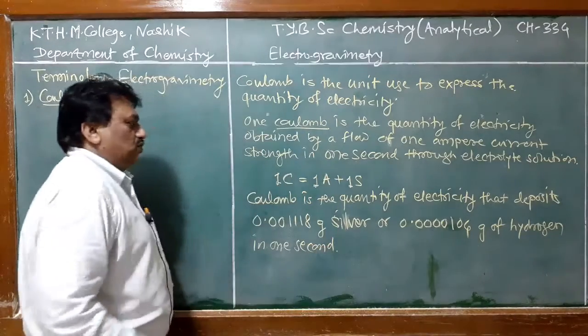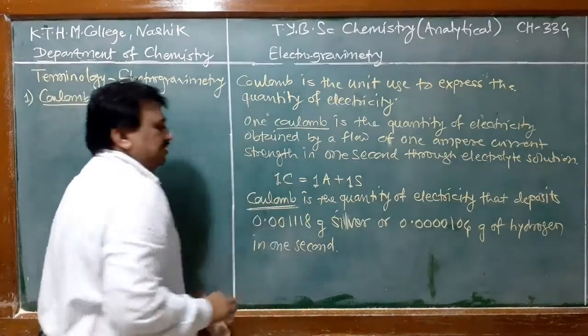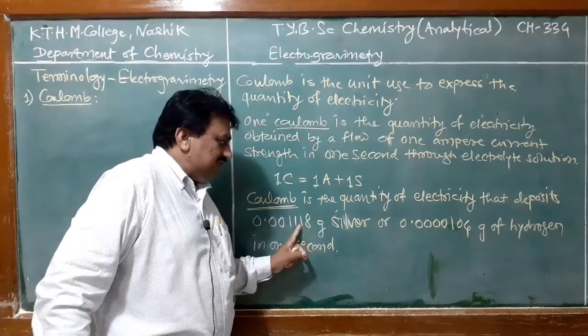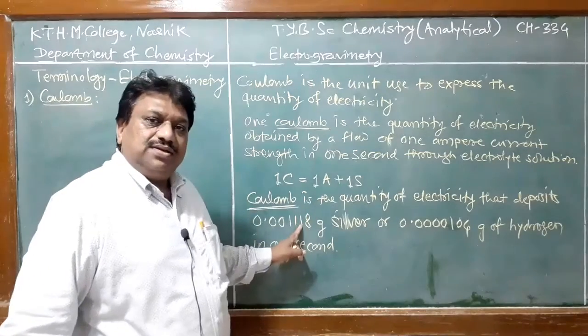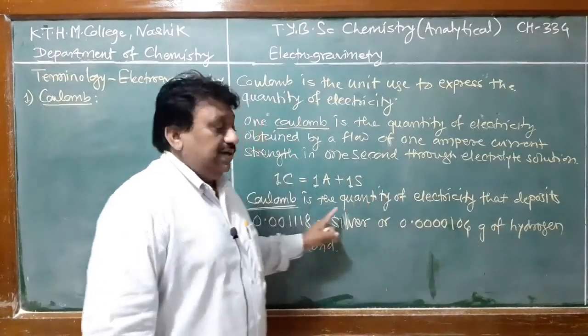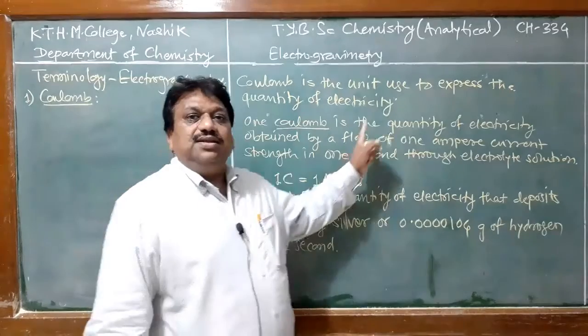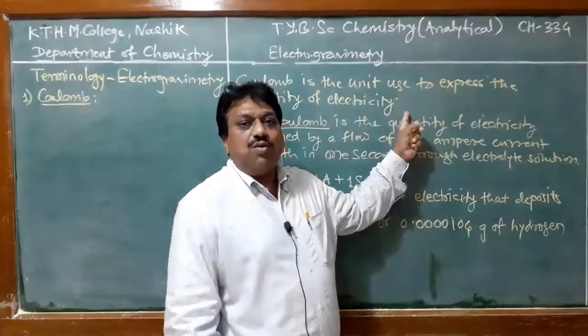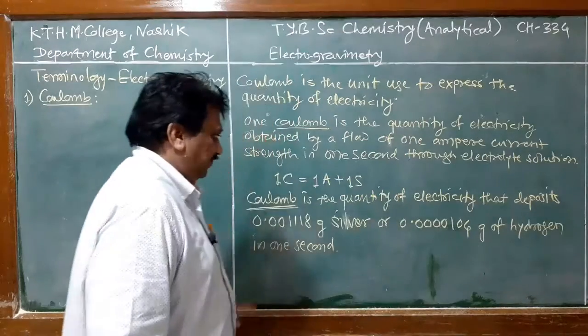This is called a coulomb. That means coulomb is a quantity of electricity which deposits this much gram of silver or this much gram of hydrogen. And here coulomb is generally used to express the quantity of electricity. It is a unit of quantity of electricity.